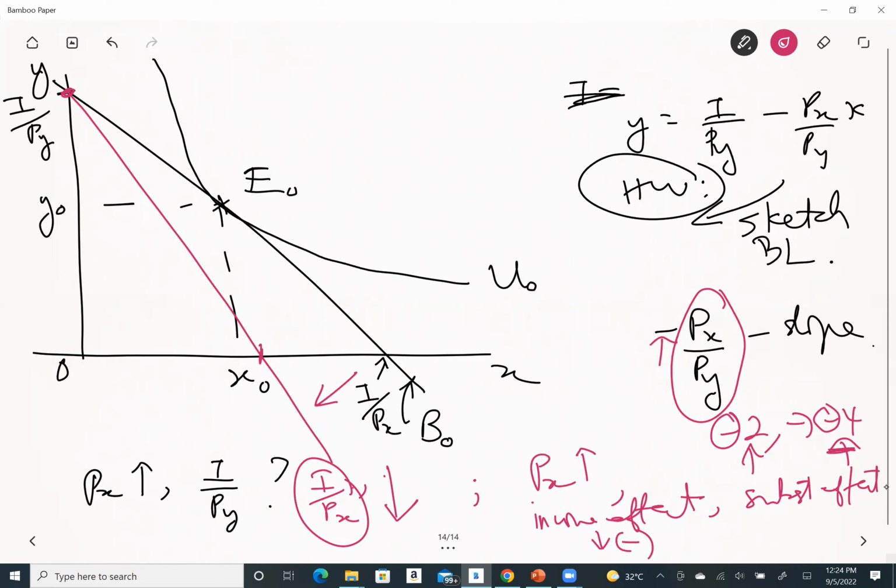All right, what is the substitution effect? As you know, we are going to substitute into what? Into the cheaper good. So that is the substitution effect.